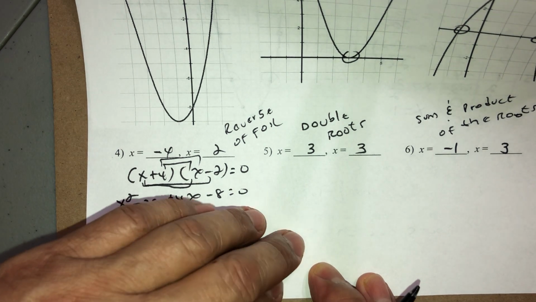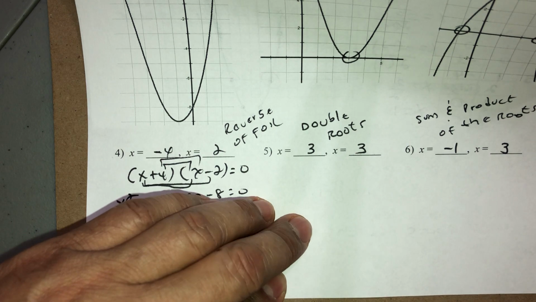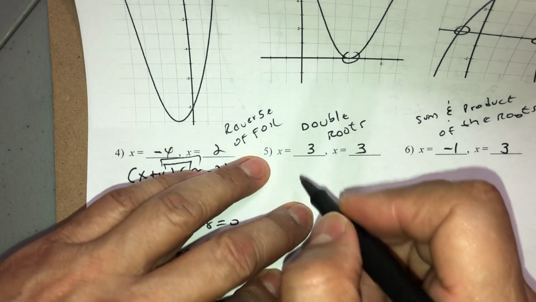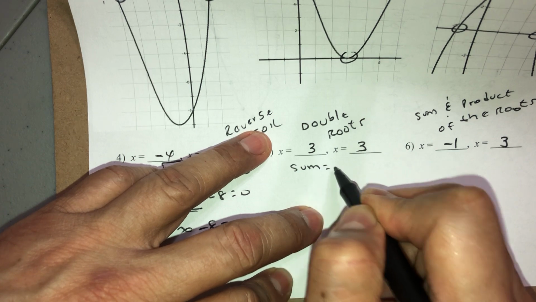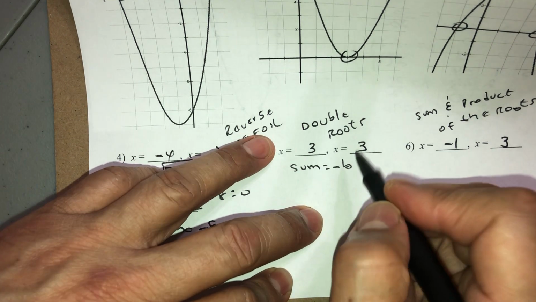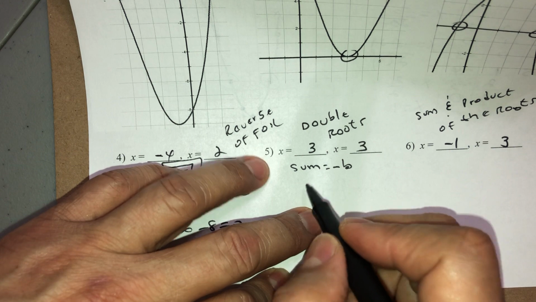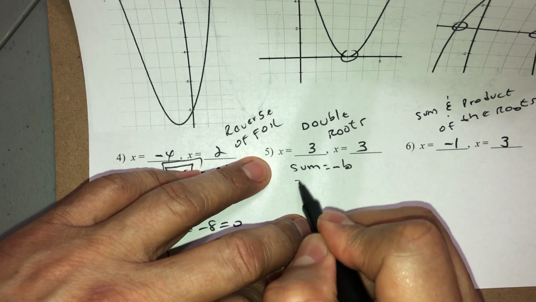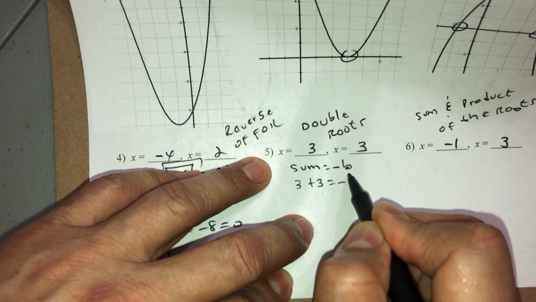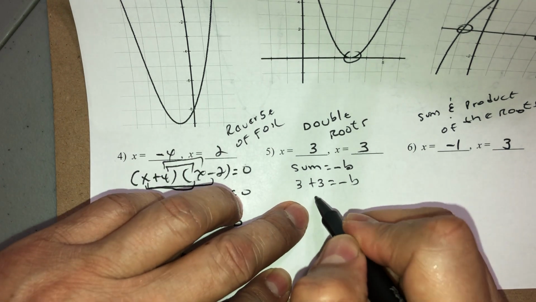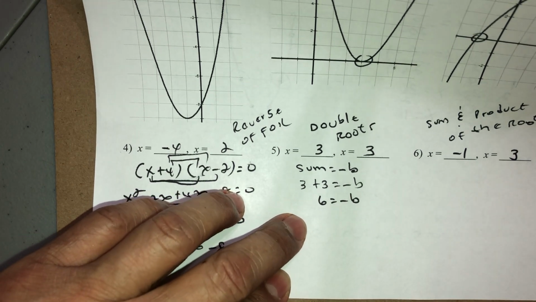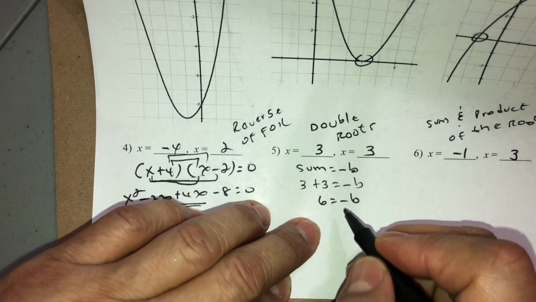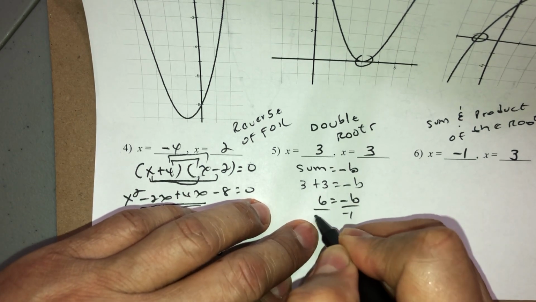Now here, remember, I want to use the sum of the roots, right? To use the sum of the roots, remember, the sum equals -b. Remember that? So, what are the roots here? 3 and 3. So you add 3 plus 3 equals -b. 3 plus 3 is 6. 6 equals -b. But remember, guys, you can't have a negative variable, so you divide by -1.